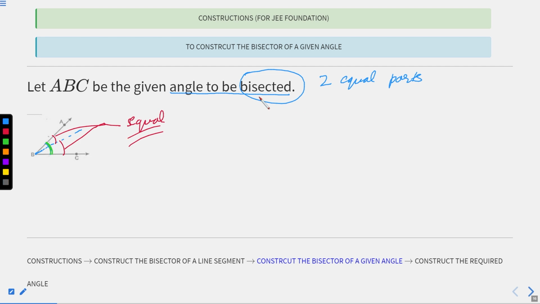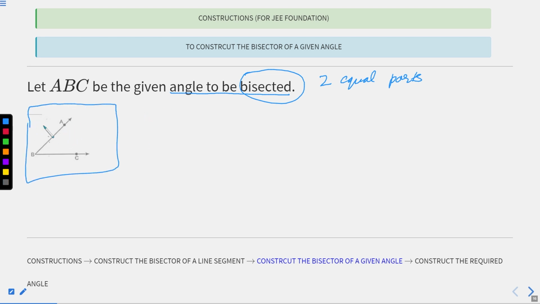Let me use this given diagram. We are given this whole information: two rays originating from B, the two rays are BA and BC.